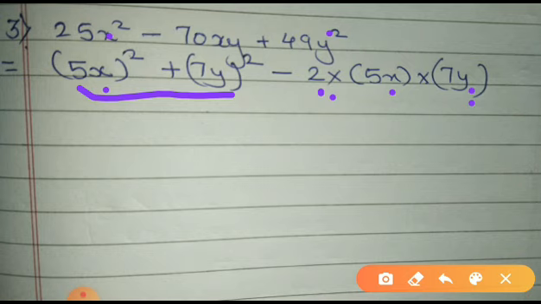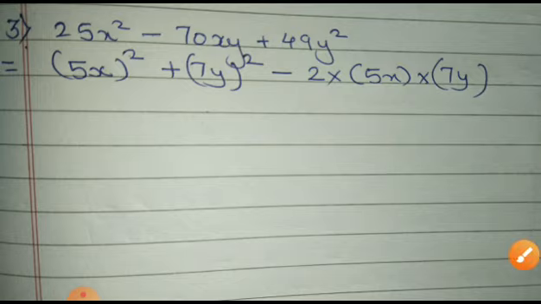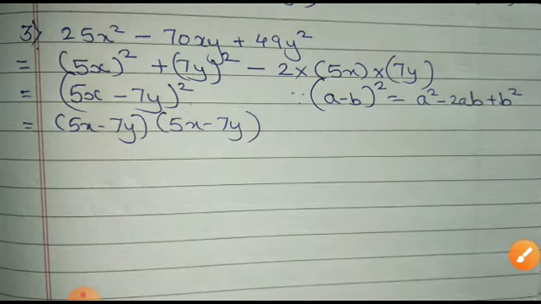So minus 70xy. Okay, so can I make use of the identity and write that one as (5x minus 7y) bracket square. So you'll be having it as (5x minus 7y) into (5x minus 7y). Okay, so is it clear? Okay, at least you are getting which identity you have to use. Okay, if it is not understood, just again go through it.